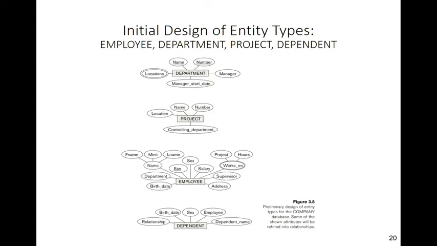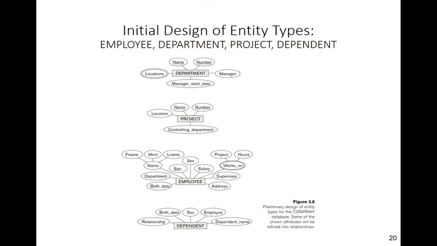If I can have multiple numbers along with multiple names, I may need both. But if my numbers are unique, I probably don't need the name. And if the names are unique, I might not need the number. So maybe not. This is kind of your first pass at a candidate key selection.